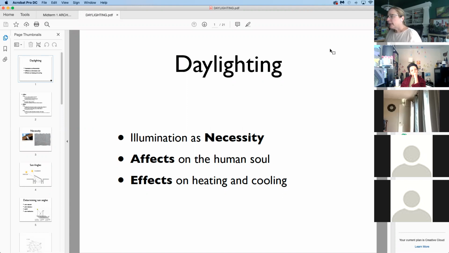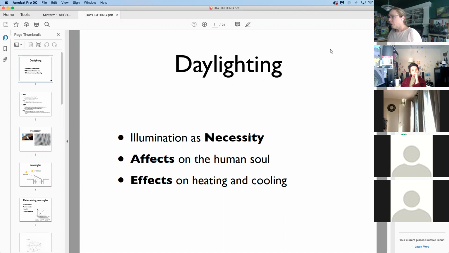It doesn't necessarily have to be daylighting, but it has been shown that humans react more positively to daylighting than any artificial lighting. And all artificial lighting tries to simulate daylighting, and it can get close, but it's not exactly the same thing.